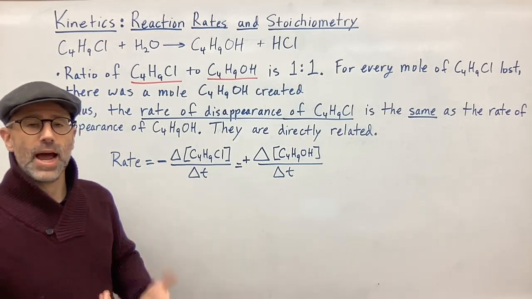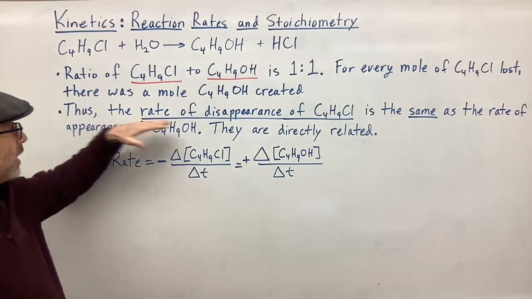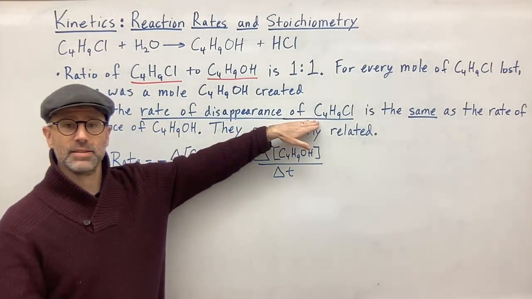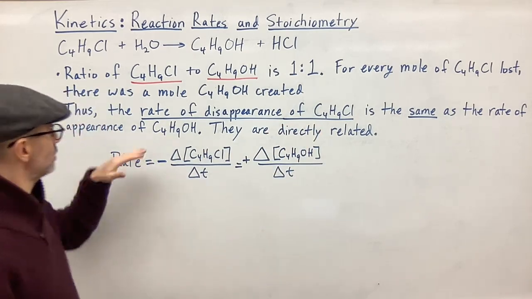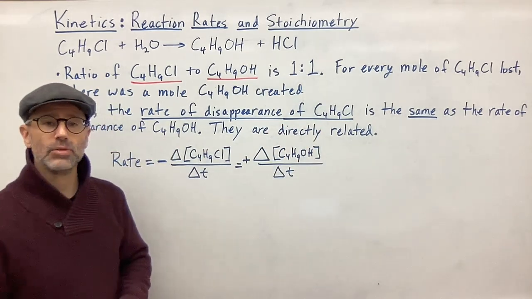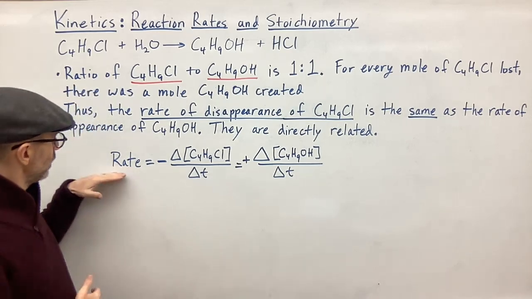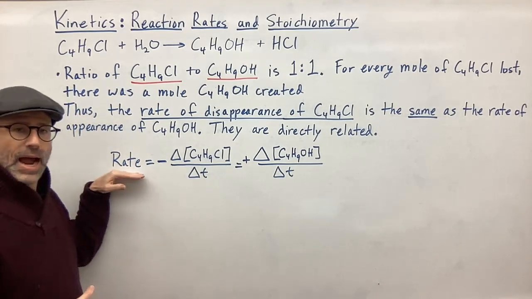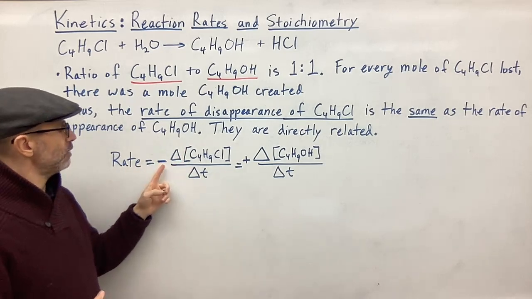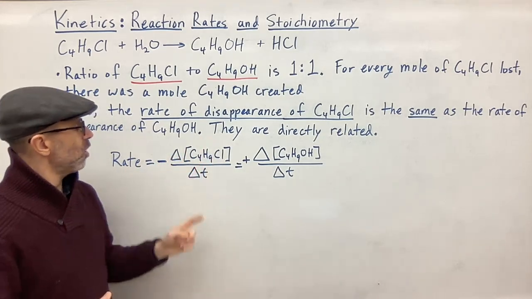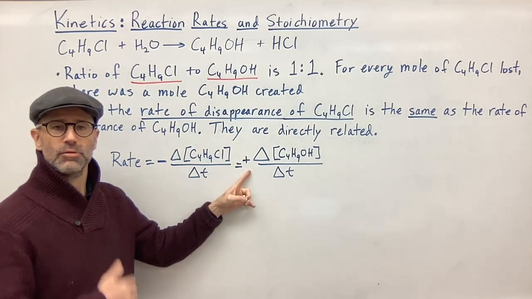So when we're looking at the reaction rates, that means that the rate of disappearance of our reactant, C4H9Cl, is going to be the same as the rate of the appearance of our C4H9OH, which is a product. So these are directly related. If we relate this to the equation, the reaction rate is going to be equal to the negative of the change of the reactant over the change in time, which is also going to be equal to the positive rate of increase.